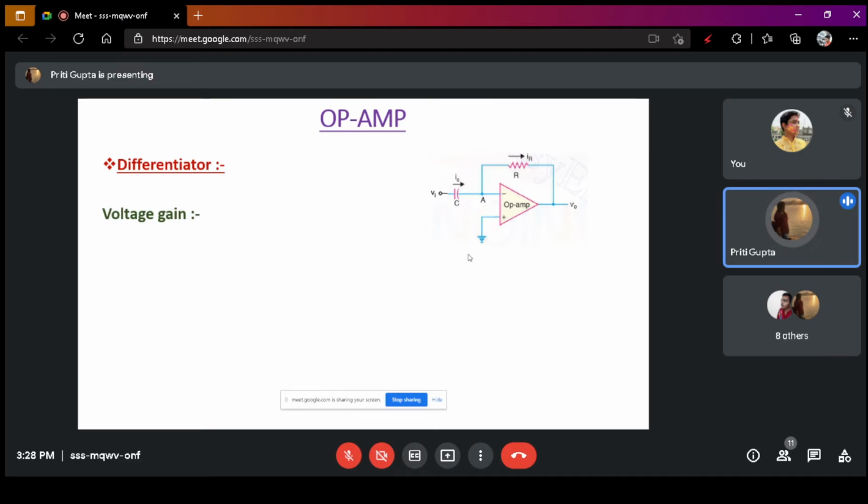So the differentiator is a type of op-amp where we give the ramp signal at the input terminal, and at the output terminal we will get a square wave signal. And the integrator is an op-amp where we give the square wave signal at the input terminal, and in the output we get a ramp signal, because if you integrate a square wave signal it will be a ramp signal.